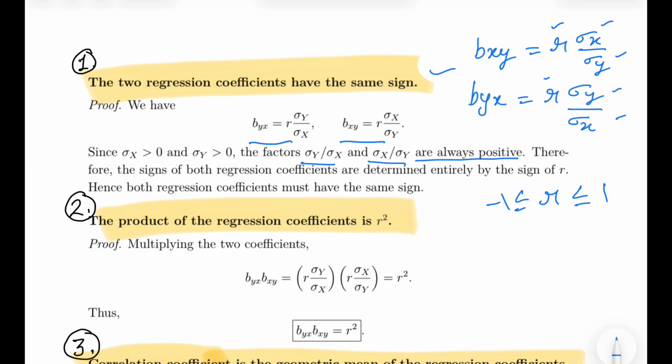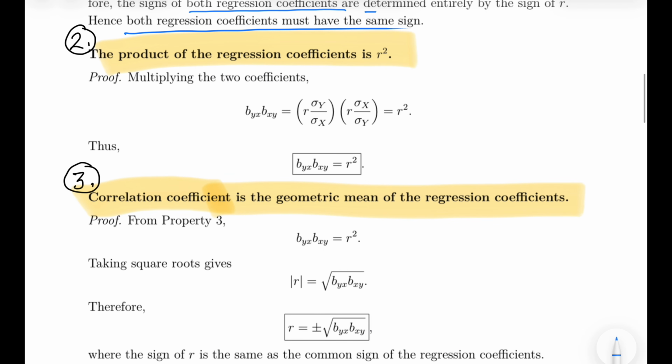Therefore the signs of both regression coefficients are determined entirely by the sign of small r. Hence, the two regression coefficients have the same sign, depending upon the sign of small r.